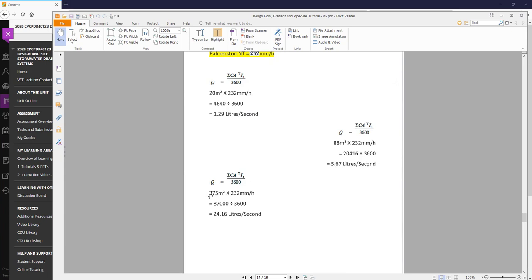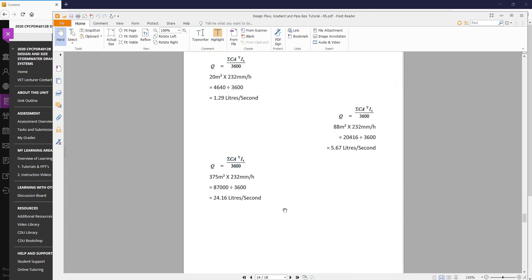If it was 375 metres squared, we multiply it by 232, we get 87,000. We divide that by 3,600, we end up with 24.16 litres per second. And that's how we work out our design flow for each section of pipe. So it's fairly straightforward.